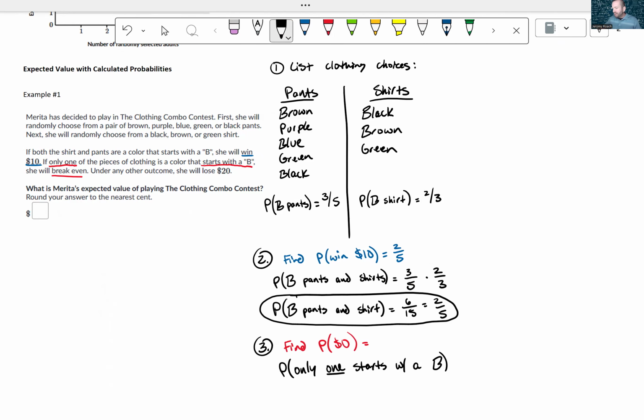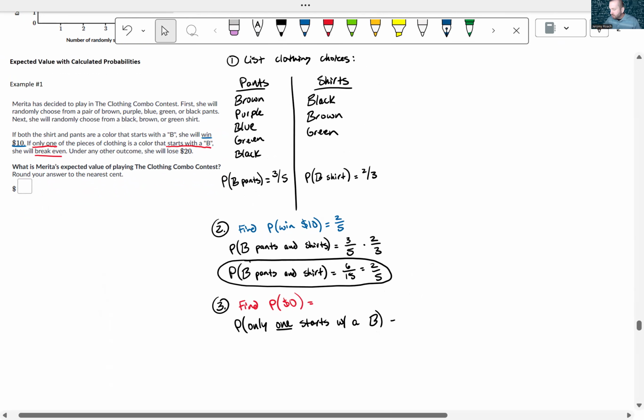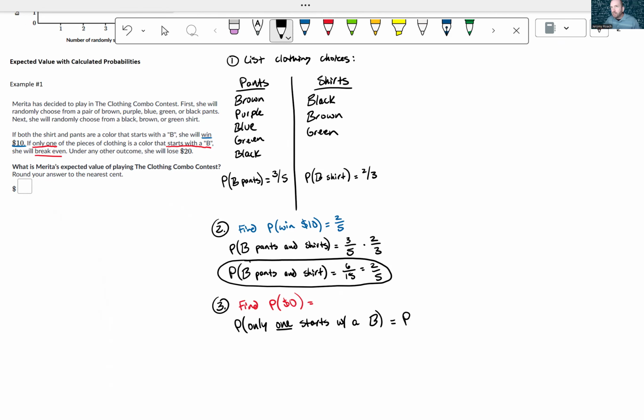Okay, so let's write what that means in words first. If only one starts with a B, scenario one would be that she has pants that start with a B and no shirts that start with a B, or no B shirts.